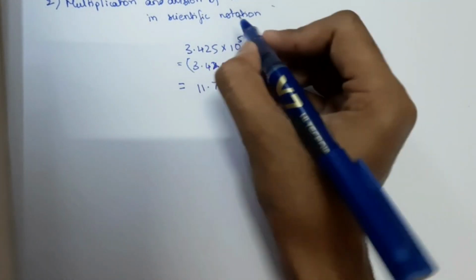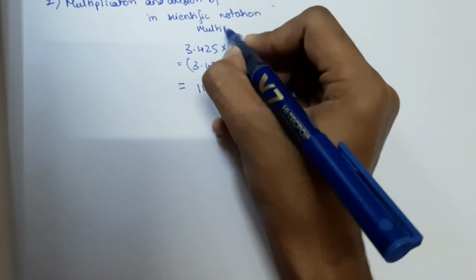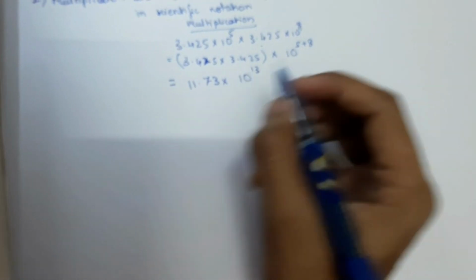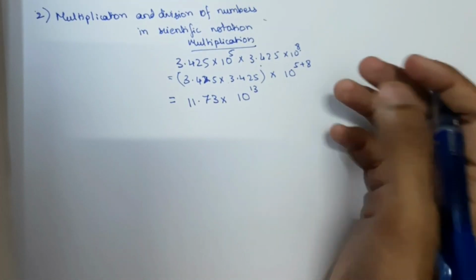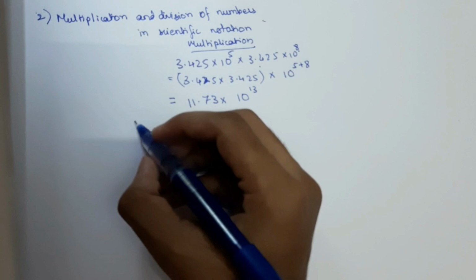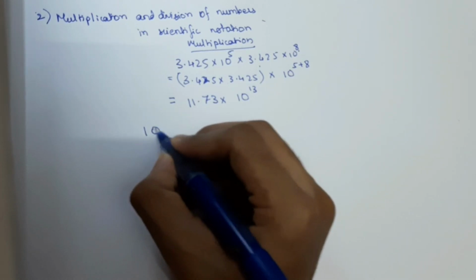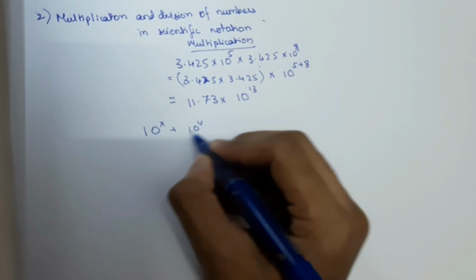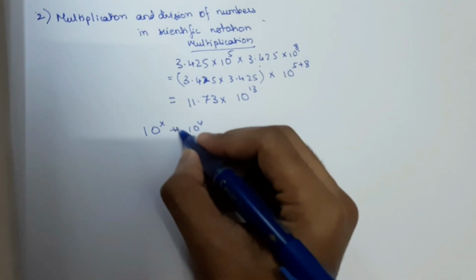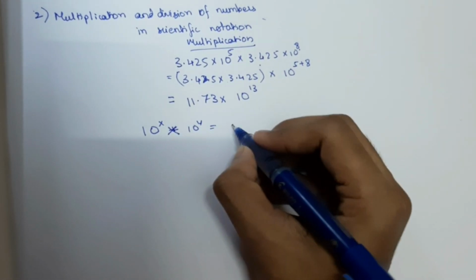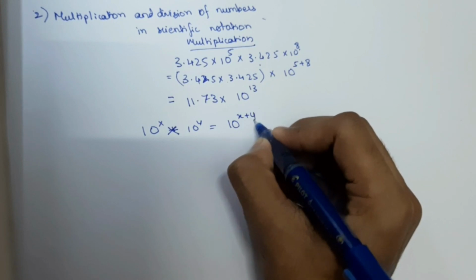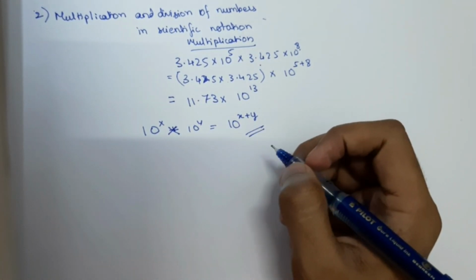Now this is the case of multiplication. The rule I mentioned about the exponents getting added can be written generally as: 10 raised to x multiplied by 10 raised to y gives 10 raised to x plus y. That's the basic rule.